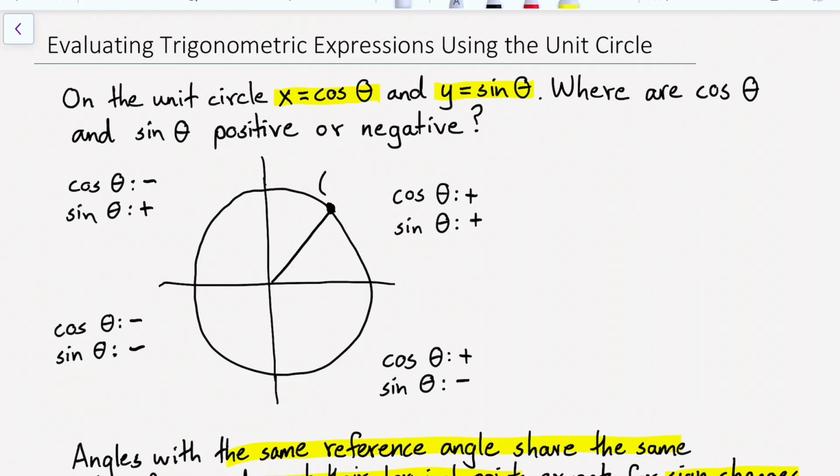If I have a 45-degree angle, for example, with the terminal point root 2 over 2, root 2 over 2, as we saw in the last video, and I compare that to, say, a 135-degree angle, 135 degrees also has a reference angle of 45 degrees. The terminal point will be essentially the same, but the x value will be negative because x is negative in quadrant 2.